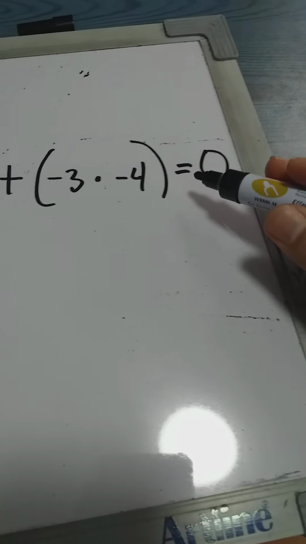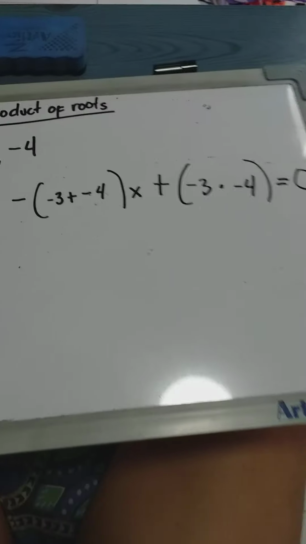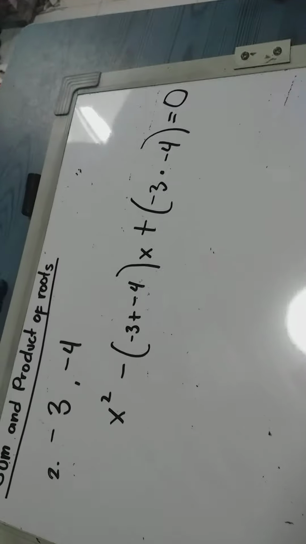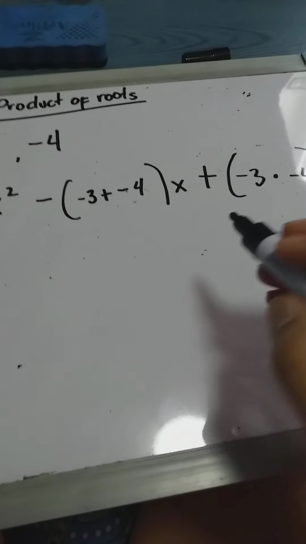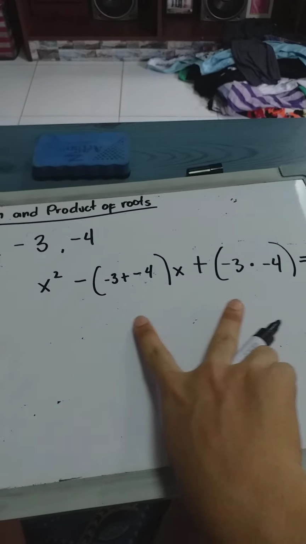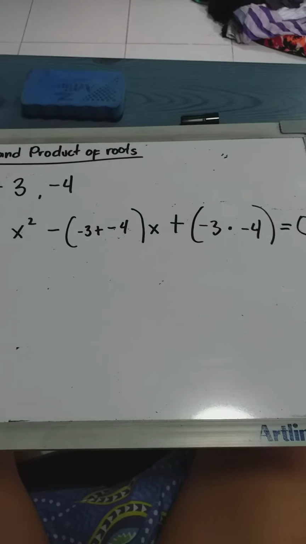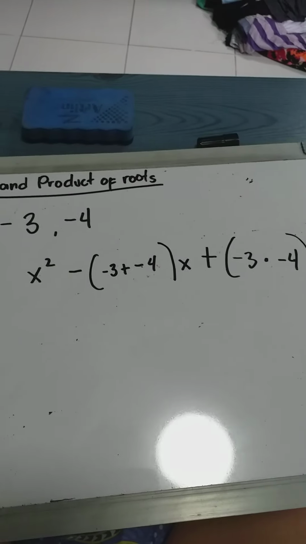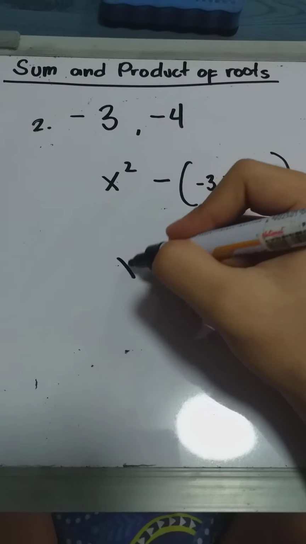Don't forget the equals 0, because if you don't write the equals 0, that's not following instructions. Just kidding. Once you have rewritten these two, you just simplify them, and we're good to go. Let's simplify it. So it's x squared.